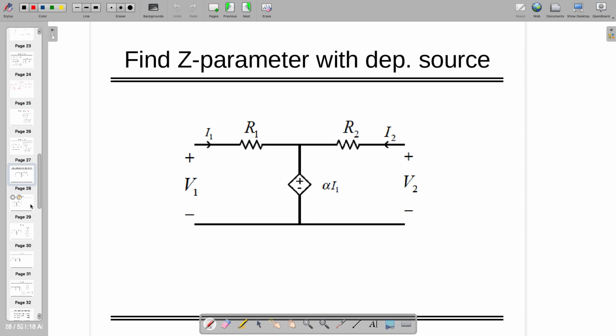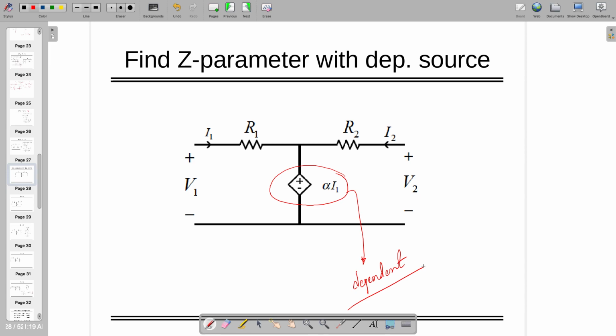Now, same theory, same thing, but you people have to solve this. Look, you have to solve this kind of network where there is something called... So, what is the name of this voltage source? Is it dependent or independent? It's a dependent voltage source. It's not a function generator or the power supply through which you are getting this.